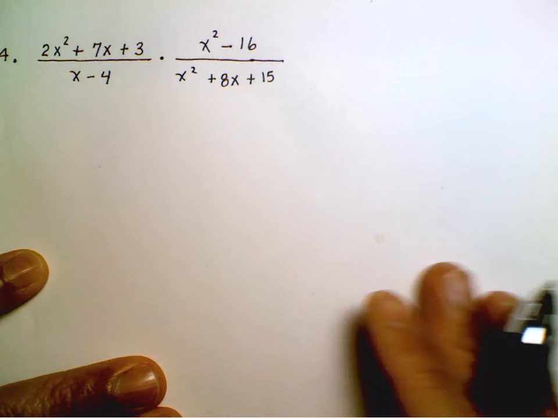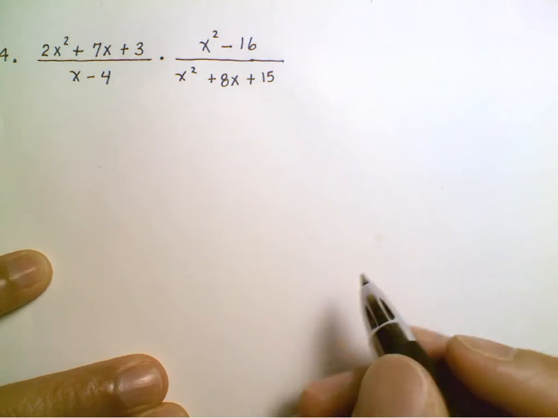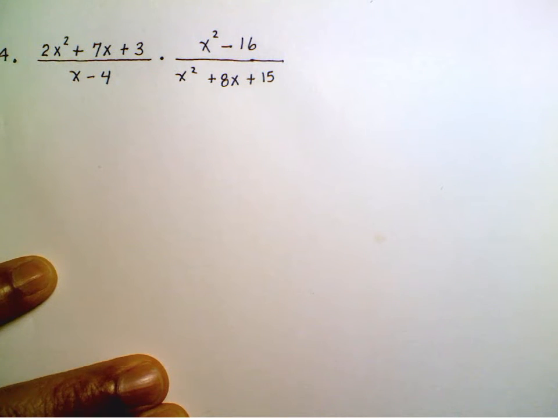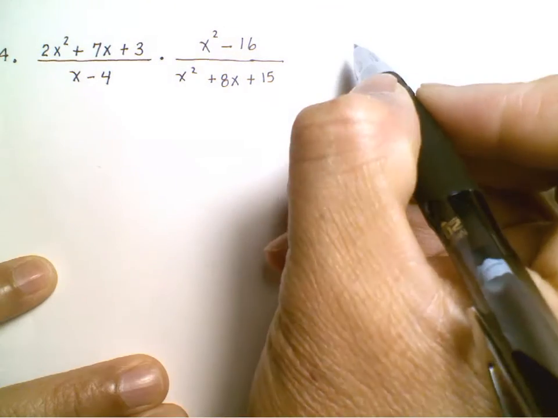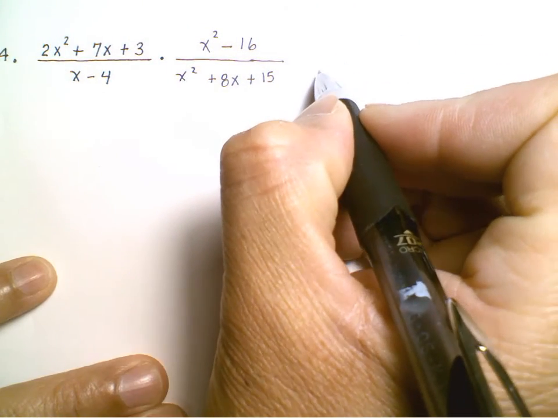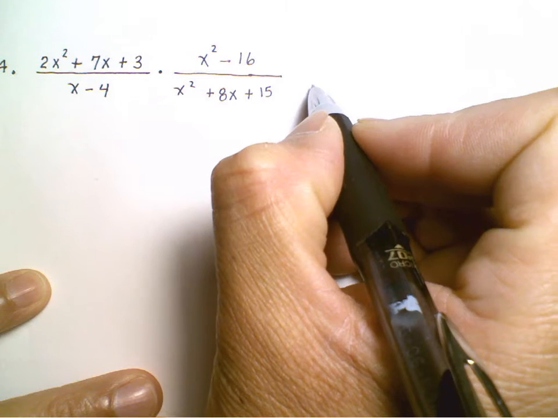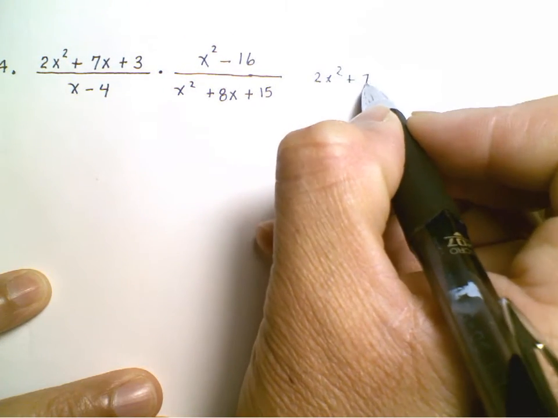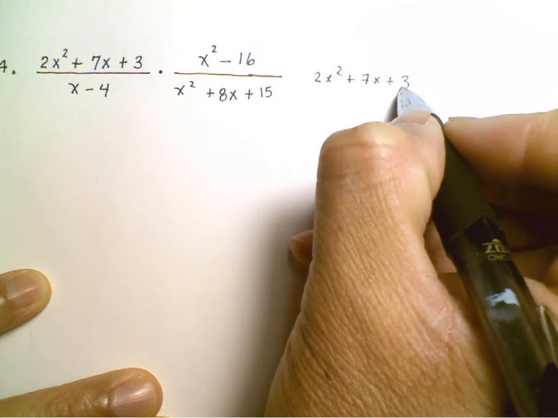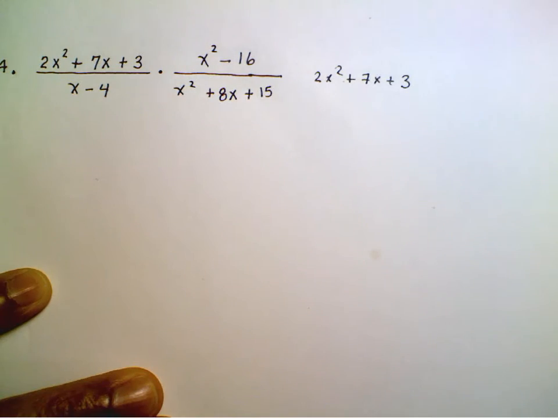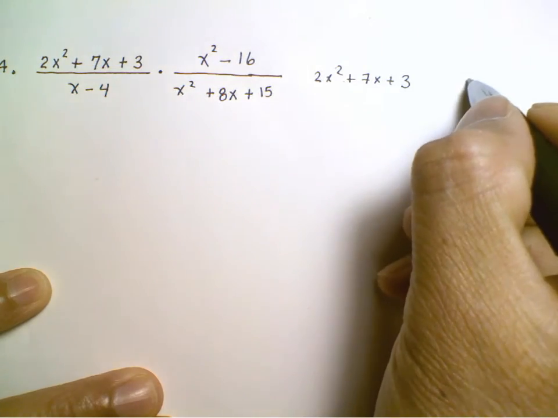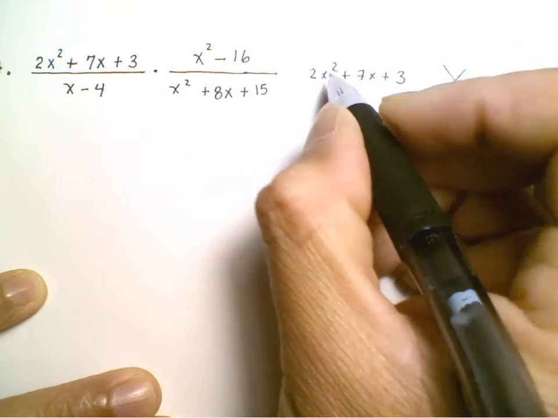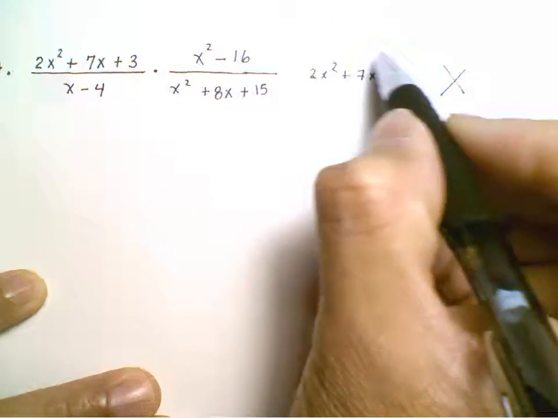Some of my students have been doing the X-box method. So in this case, if I use the X-box method, for example, for 2x squared plus 7x plus 3, I will multiply the leading coefficient times the independent term.